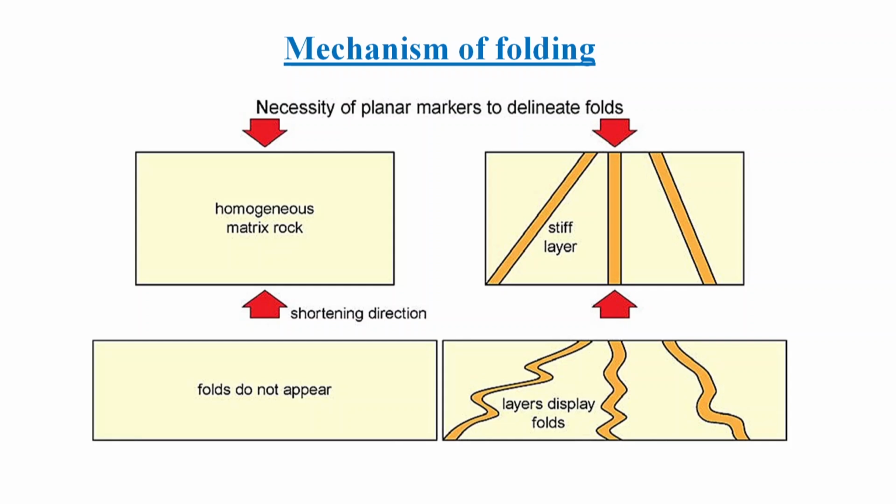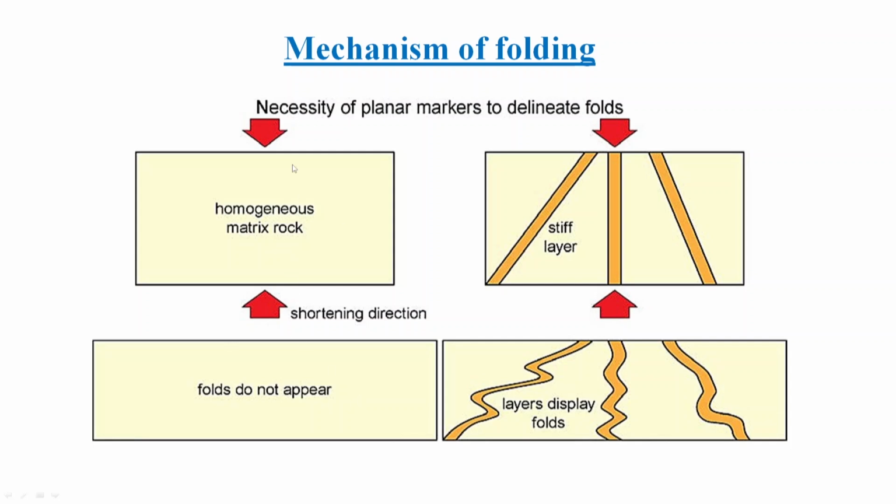So you will not be able to see any kind of disturbance in that particular rock. But if you have a certain kind of layering that was already present in that rock, now if you are folding it, then that particular layer or bed might result in formation of these wave-like features.